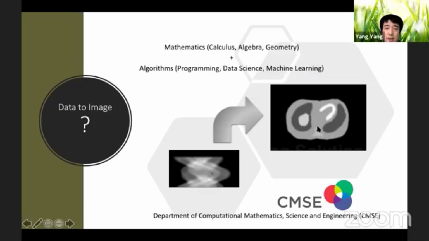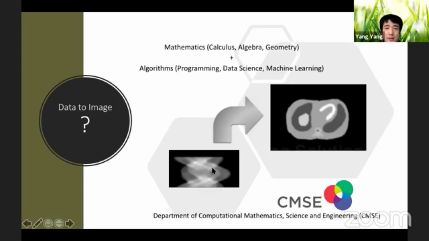And for this, we need the help of calculus, algebra, and geometry. After we have discovered the relation between these, we need to design and implement algorithms to compute the image based on the data.